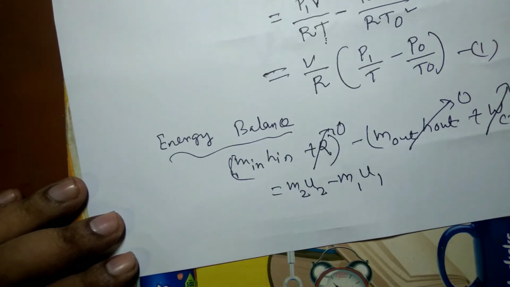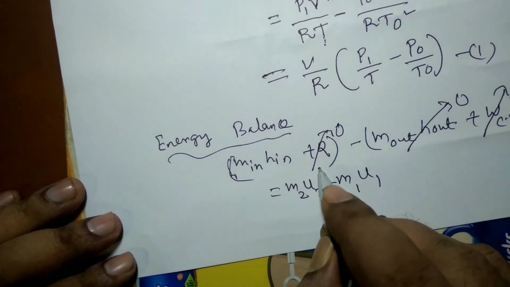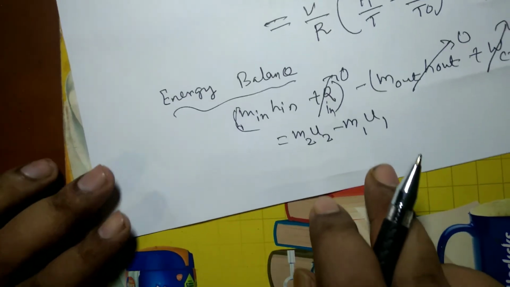A pressure cylinder, if you read the question, nothing is mentioned about the heat. So that means you have to assume that this term is also 0. Q in is also 0. So now the equation is this much.